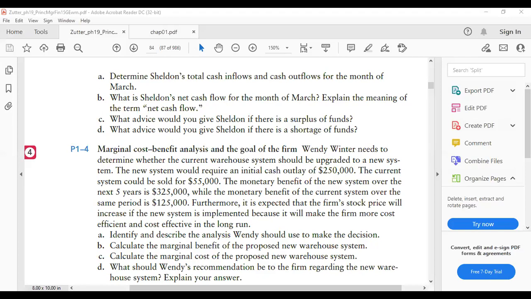Well, can you read this? Can somebody read A, B, C, and D?